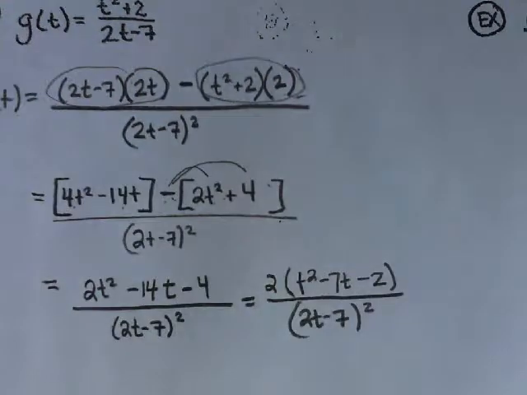But then the trinomial I'm left with is definitely not factorable. If it was, perhaps it would be factorable into a 2t minus 7 and something else. That way I could cancel and simplify this a little bit. But it can't be factored any further, so this would be our final answer.